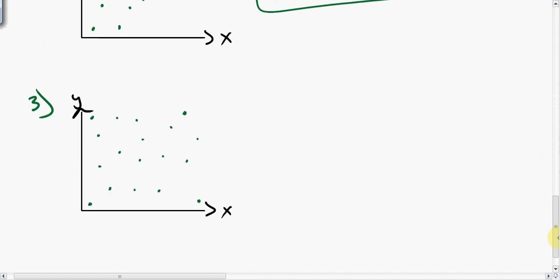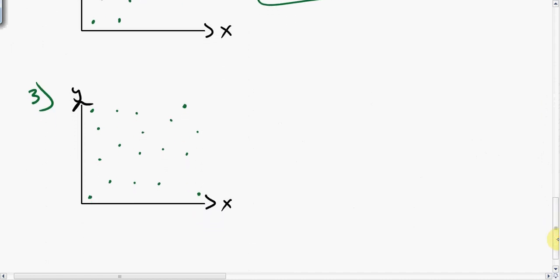Let's go down to the third and final problem. We've got our xy coordinate plane. Data points are plotted. And looking at this, I don't really see a correlation. It's really tough to tell if it's increasing or decreasing because the data points are so spread out. So I'm going to say it's approximately no correlation.